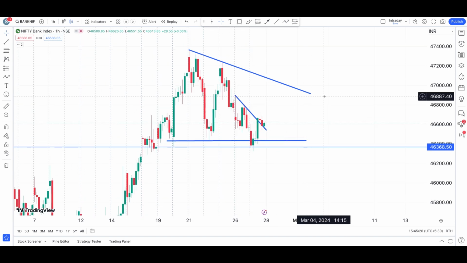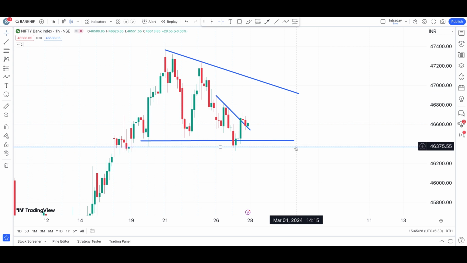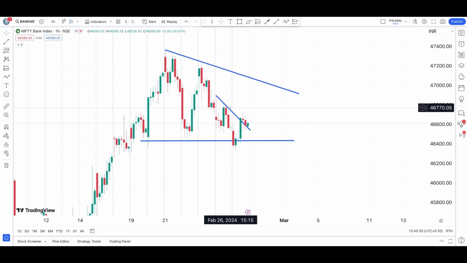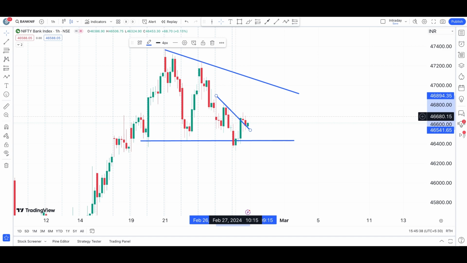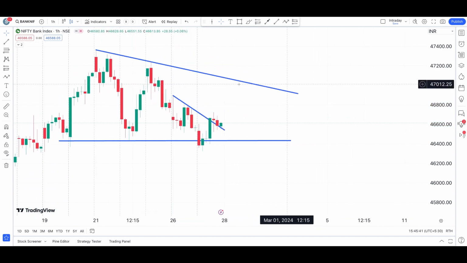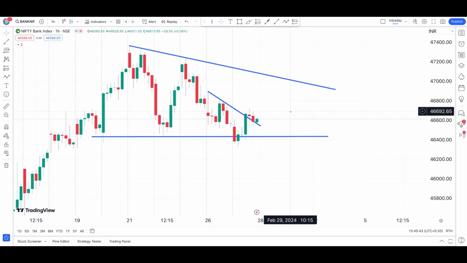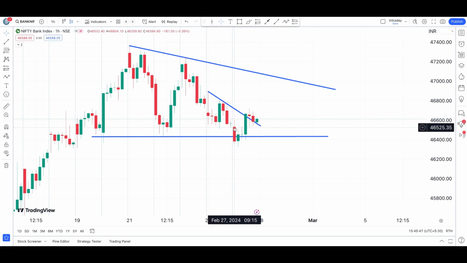So here we have Bank Nifty on a 1 hour time frame. Let's see where the market has opened. All you have to do is try to identify whether there is any support that is close to this. Now we have already opened here.